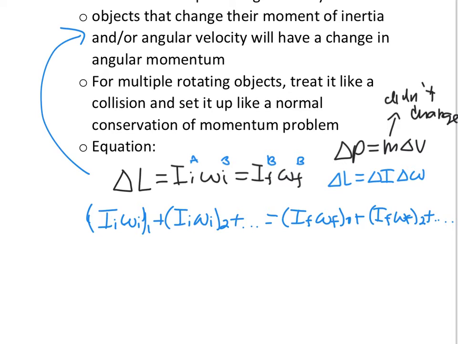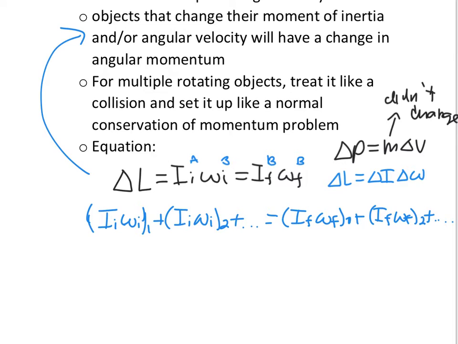Just like when we had linear momentum, let's say you had two cars colliding, you looked at the mass and the velocity of each before and after the collision. It works the same way with angular momentum conservation. You look at the moment of inertia and the angular velocity of each before the collision and after the collision.